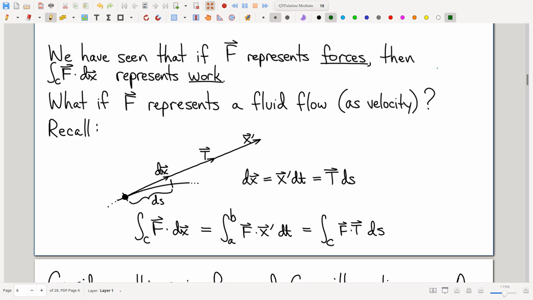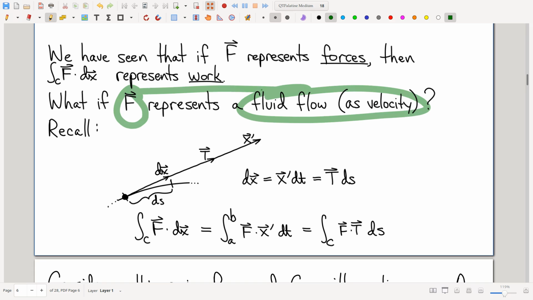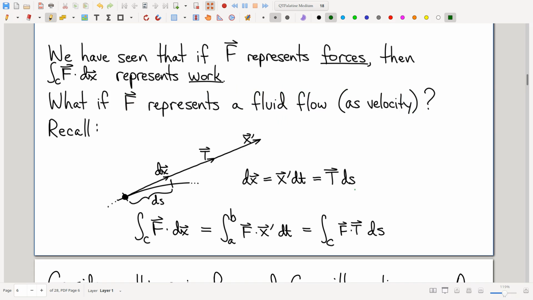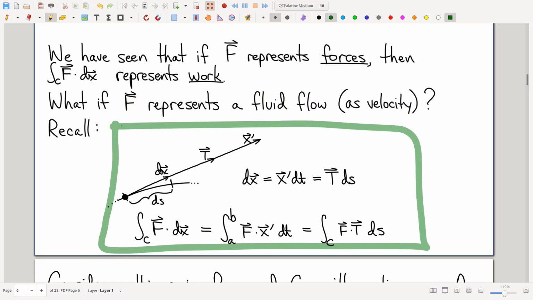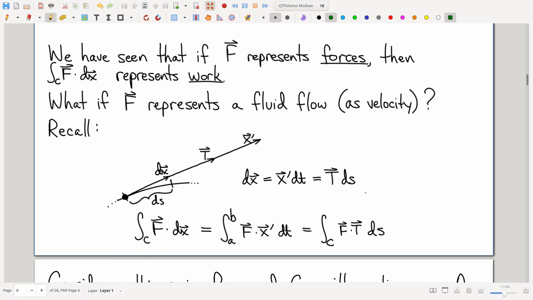So the punchline is that in this new scenario where the vector field represents the velocity of a fluid, the answer for what the vector line integral represents doesn't happen to be something we already have a name for. So that's going to make it seem like kind of a weird answer. Ultimately, though, it's a perfectly sensible and reasonable thing. We just have to reason through it. I copied this here just for convenience of reference. There's nothing there that we don't already have written down a few pages back.